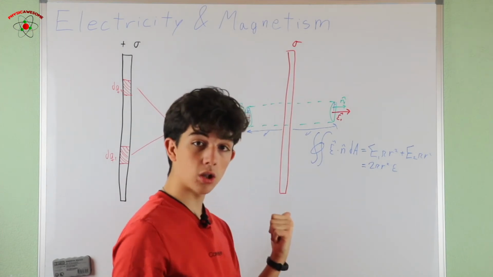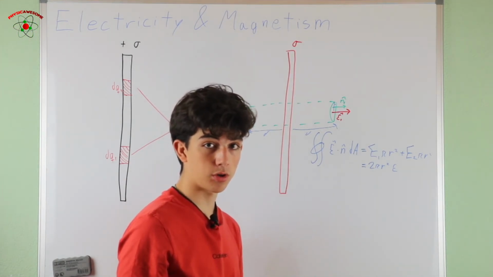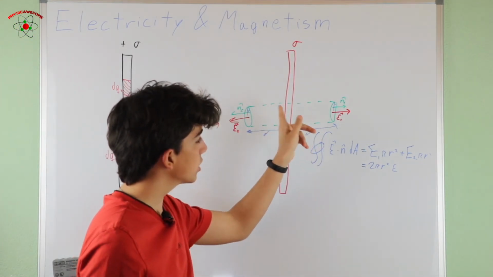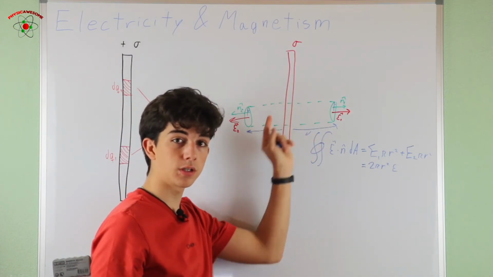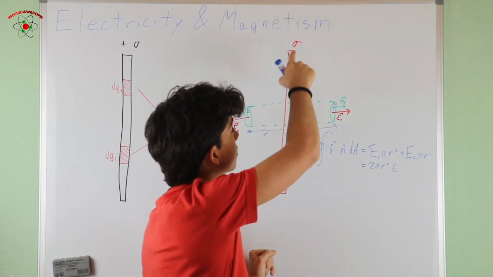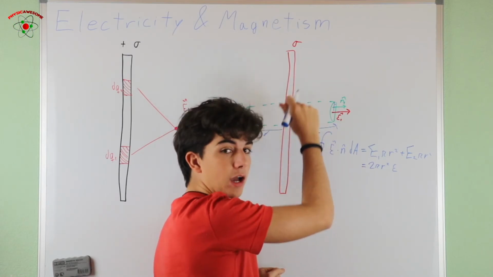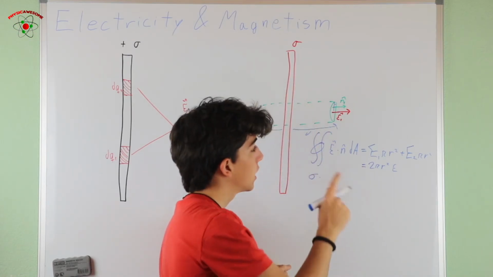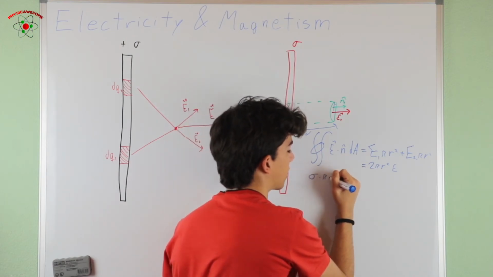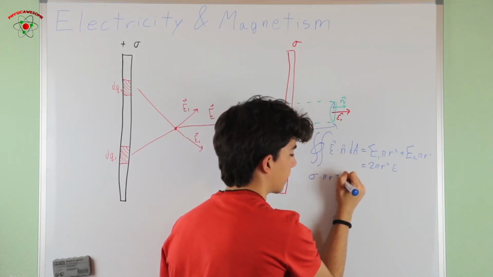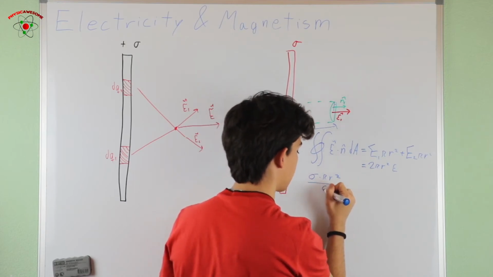It's charge enclosed over epsilon naught. So the charge enclosed in this Gaussian surface is going to be equal to the charge density times the area of the thin sheet that we enclose, and that is no other thing than pi R squared, over epsilon naught.